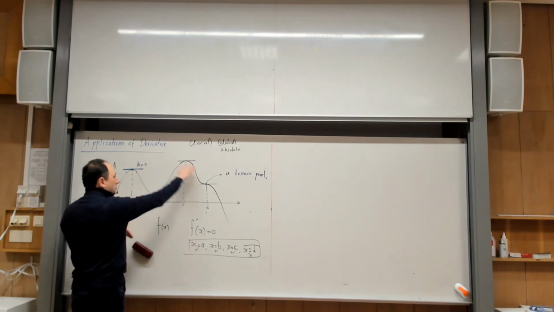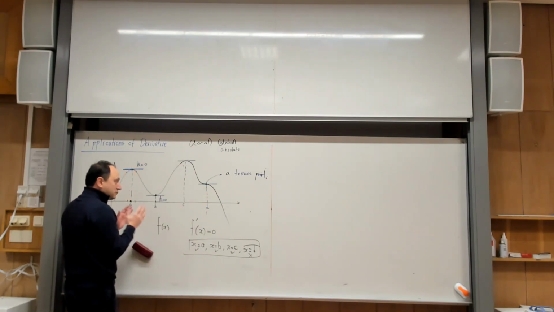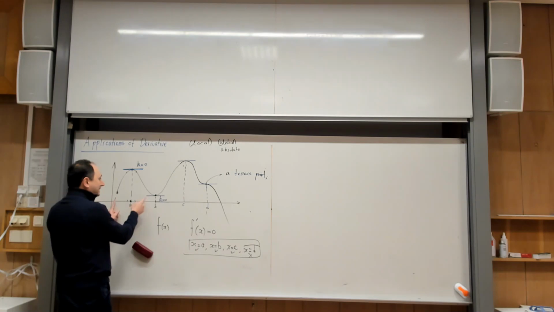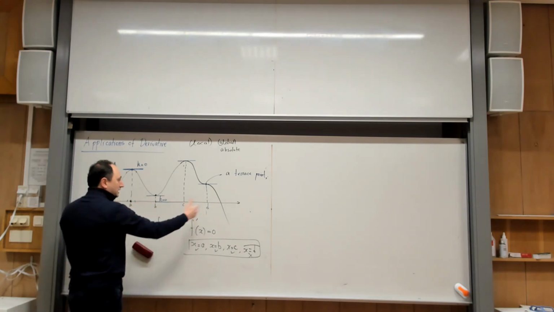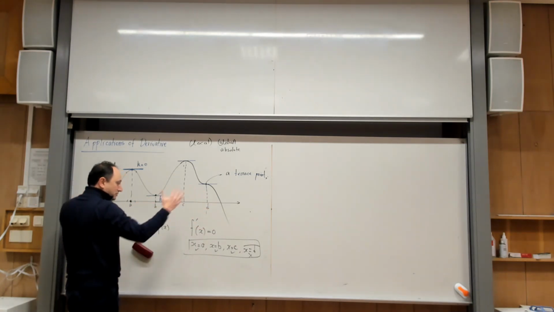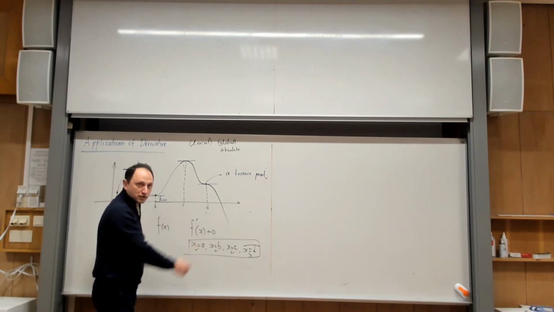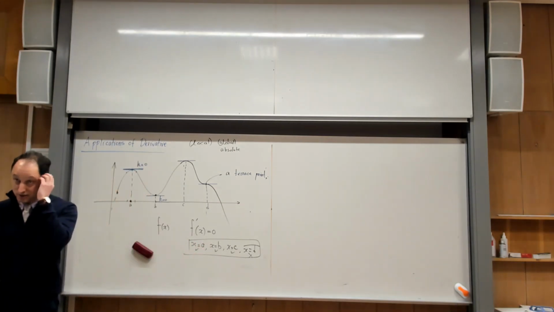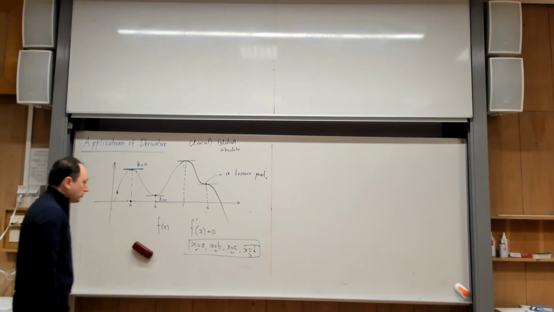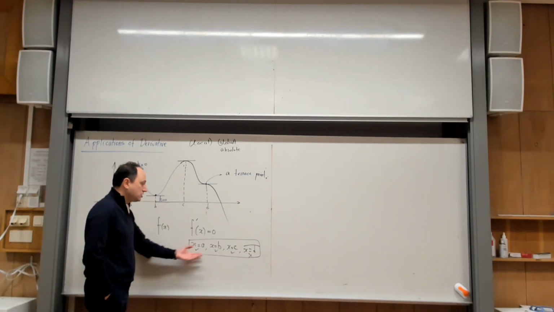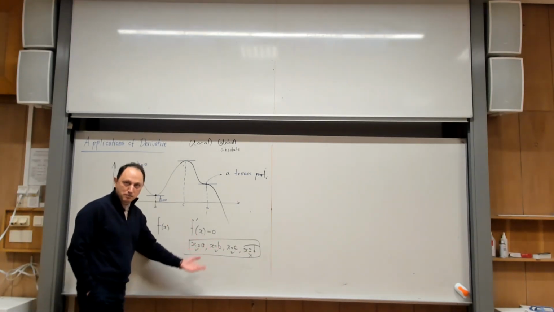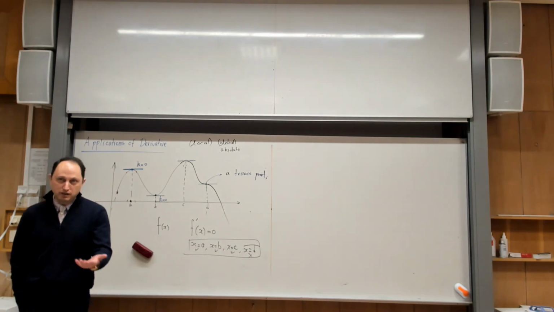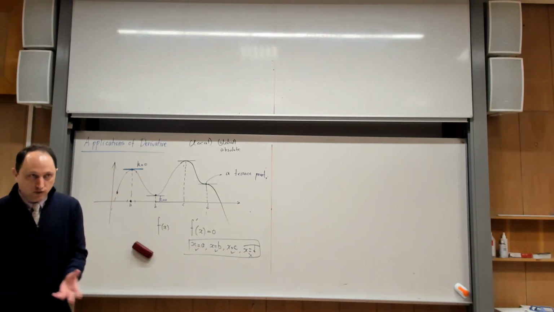The tangents are horizontal. That is very good, by the way, because how many candidates we had before? Infinitely many. I narrowed them down to 4 points. That's a very big success so far. But now I want to go more. I want to realize the nature of them: which one is a max, which one is a min, and which one, if any, is a terrace point. This is what we want to learn today.